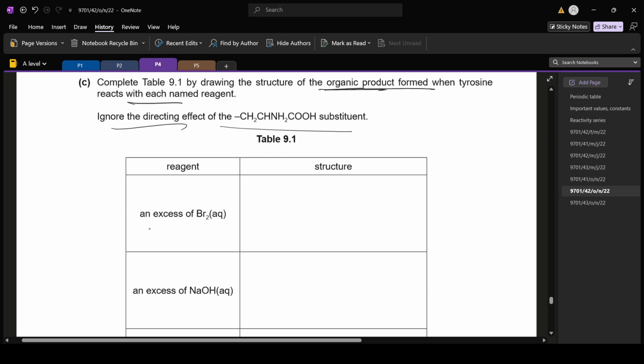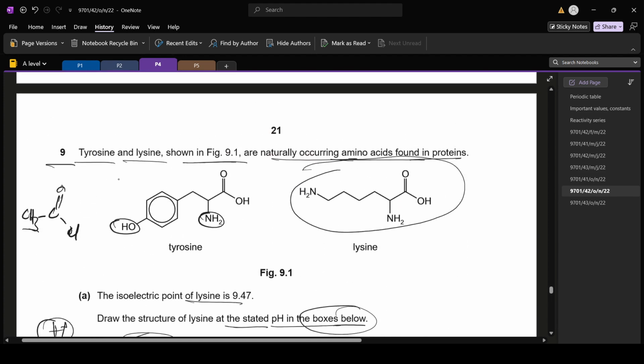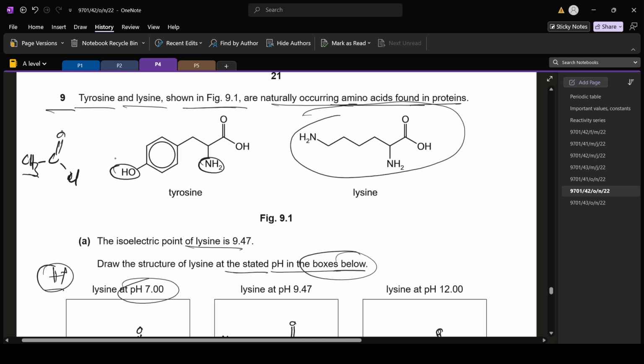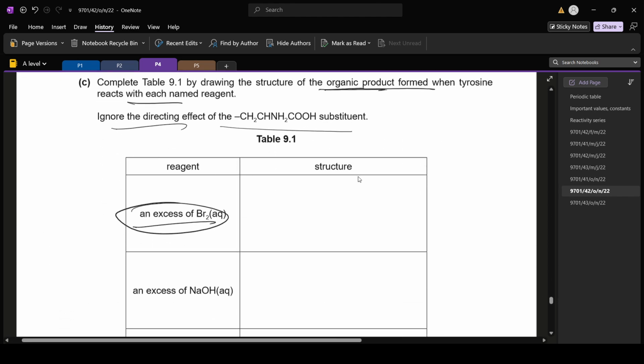So when tyrosine reacts with an excess of Br, this Br will be attached in the 2, 4, and 6 positions, but you can see at 4 position you have this compound attached, so 2 and 6 positions. So this tyrosine OH, then you have Br, then you have another Br group, then you have this group.